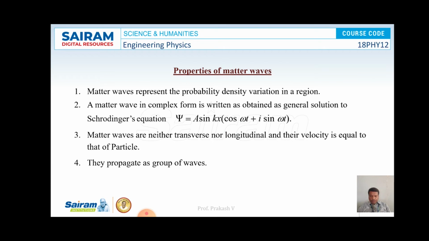The amplitude of a matter wave at a particular region and time entirely depends upon the probability of finding the particle in the same region and time. Matter waves are not electromagnetic in nature. Matter waves are associated with charged as well as uncharged particles. So these were some of the properties of matter waves.